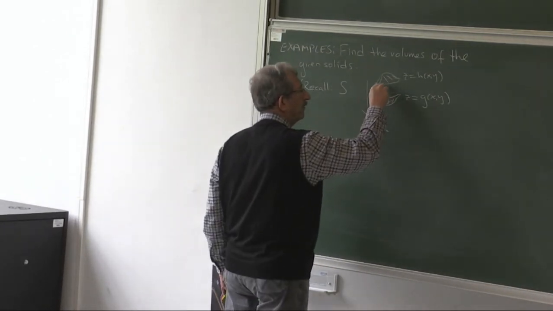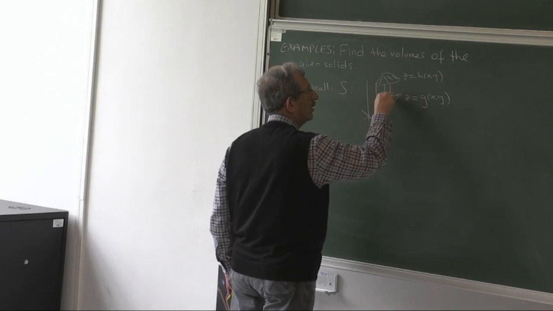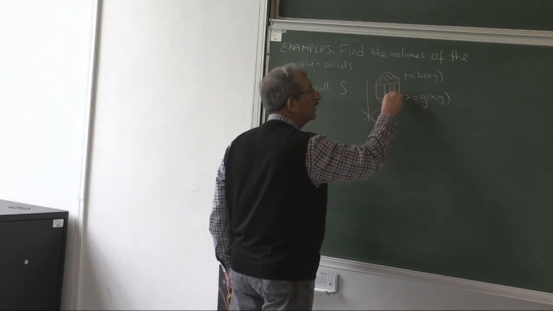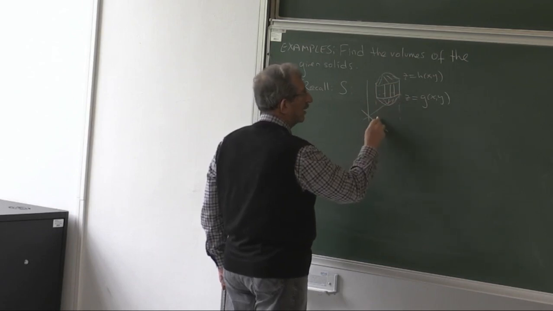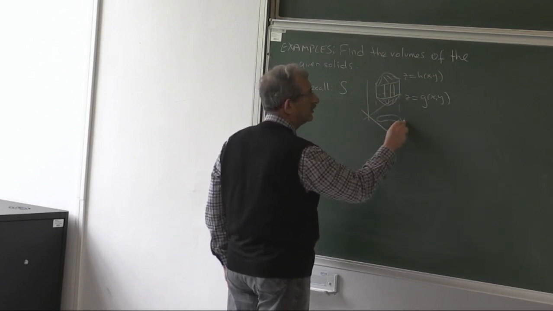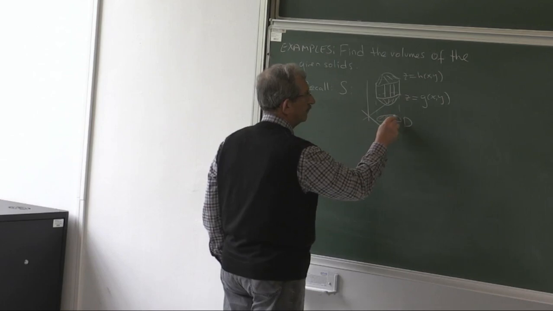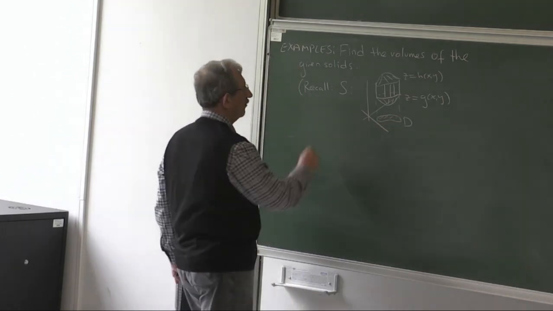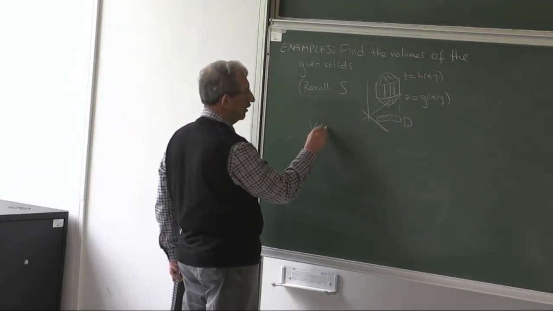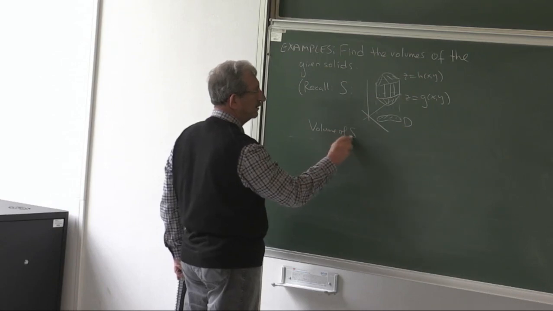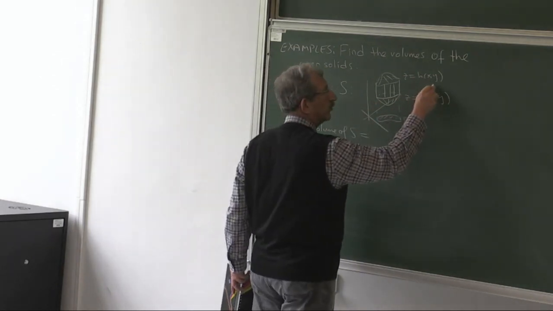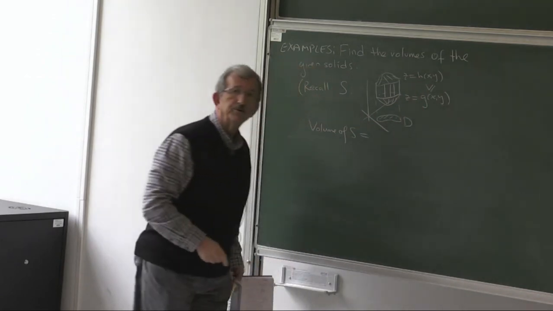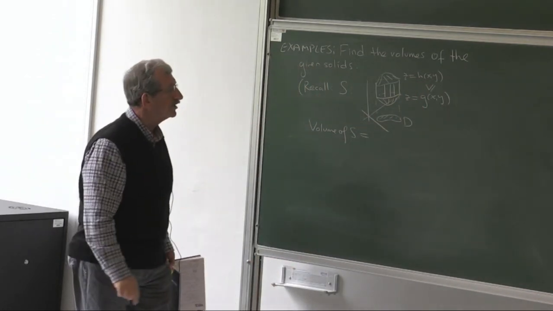So we have the vertical sides, and at the bottom we have some region D. Now, the volume of S would be, of course, here we assume that h of xy is greater than g of xy, as the picture suggests.